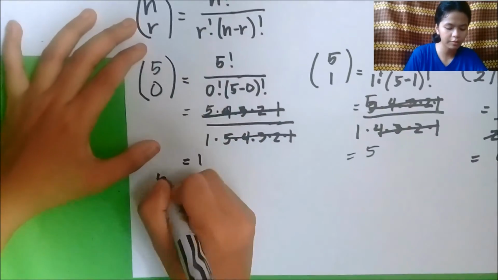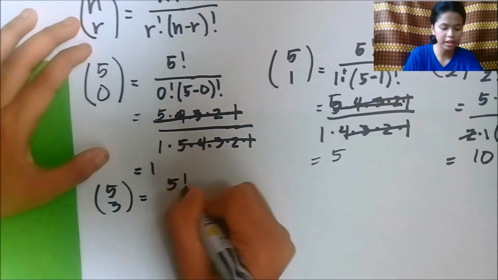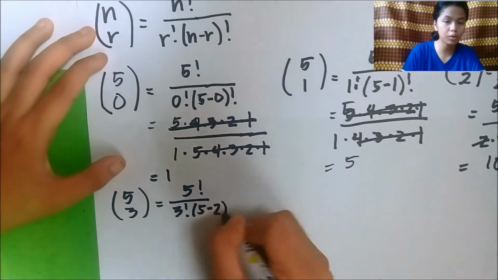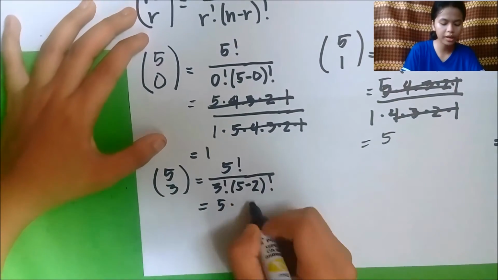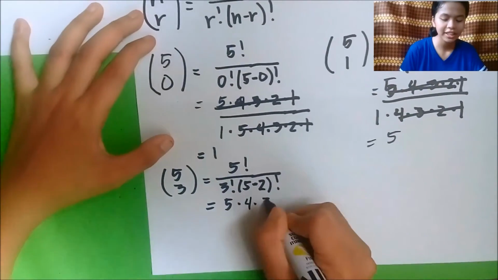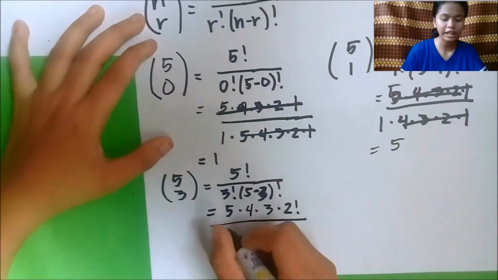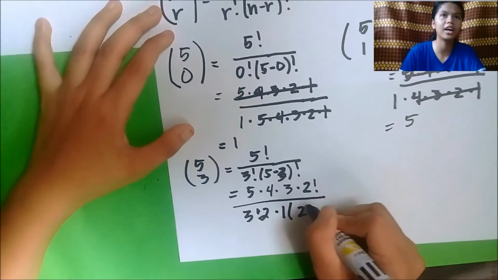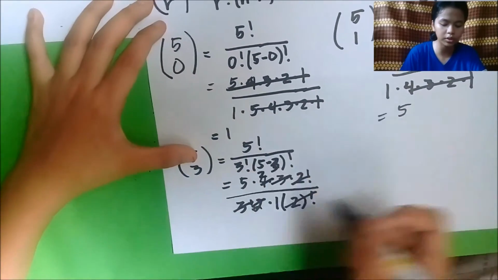Now, 5 taken 3 is equal to 5 factorial all over 3 factorial times the quantity of 5 minus 3 factorial. It's going to be equal to 5 times 4 times 3 times 2 factorial all over 3 times 2 times 1 times 2 factorial. Now, we are going to cancel the same values. So, this is going to be equal to 10.